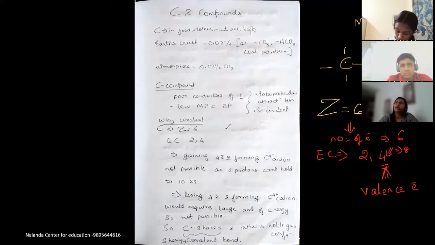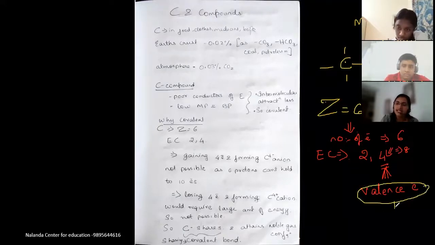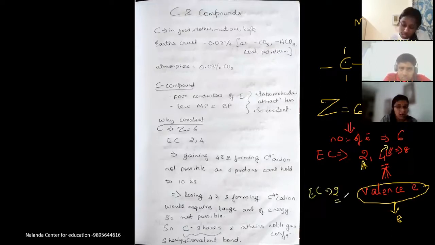That is the life goal of every atom. So carbon also requires 8 electrons in the outermost shell. To do that, either it can lose 4 electrons. If it loses 4 electrons, the configuration will be just 2, and that is also okay because the K shell can accommodate only 2 electrons.